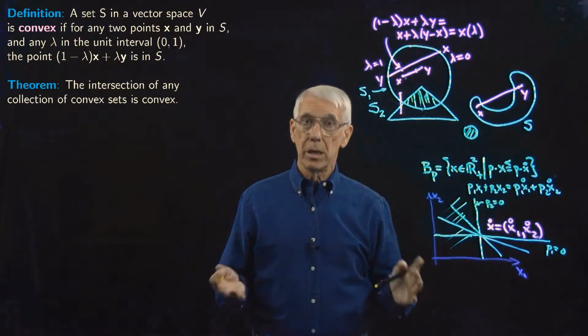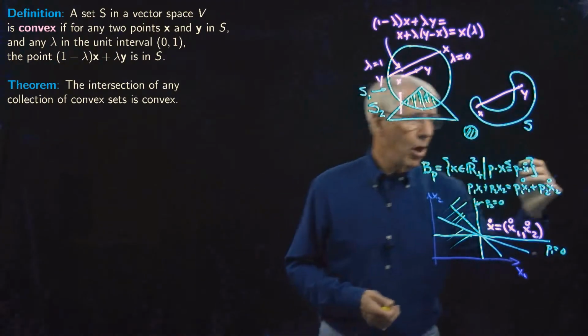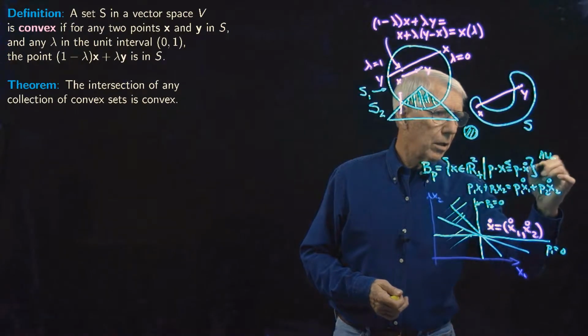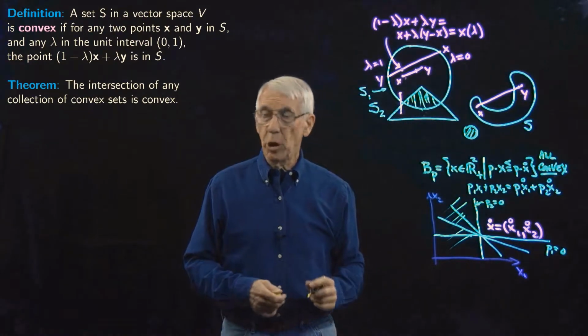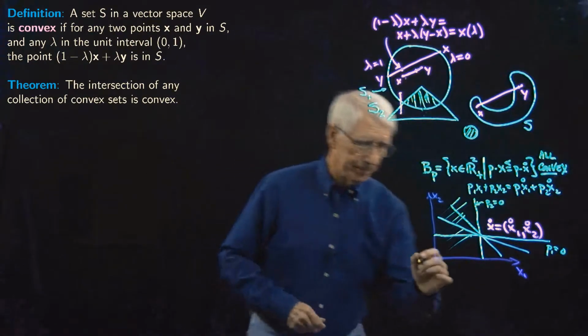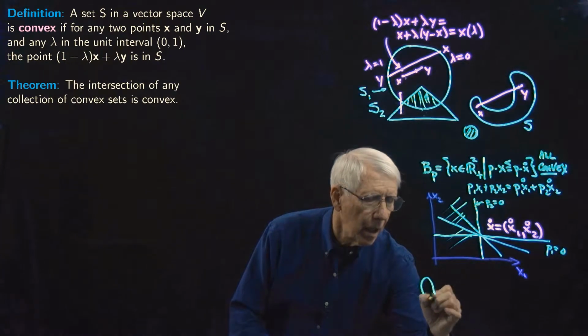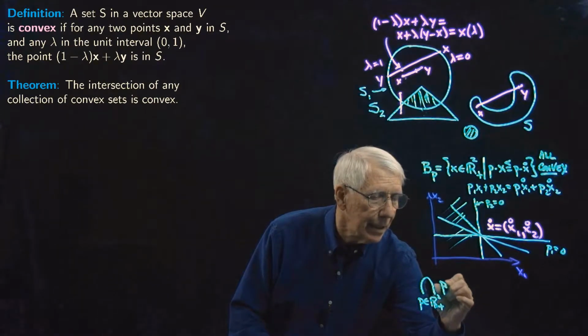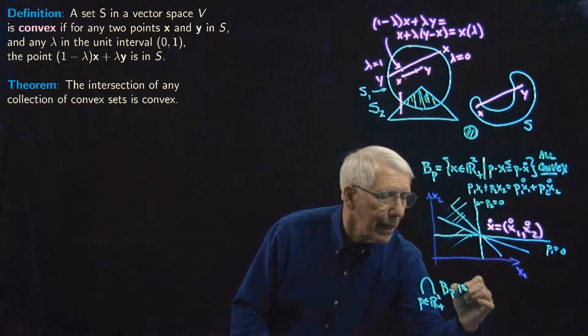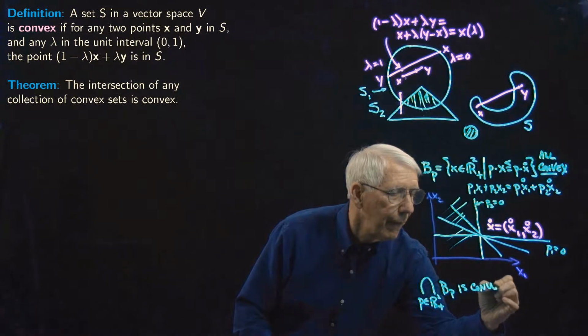In every case, a convex set. So these things are all convex. Therefore, if I take the intersection over all price lists in R2 plus of B sub P, that has to be convex too.